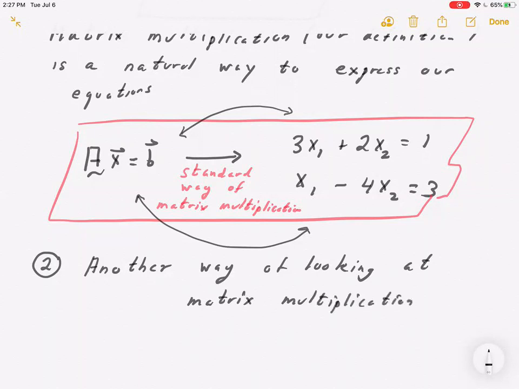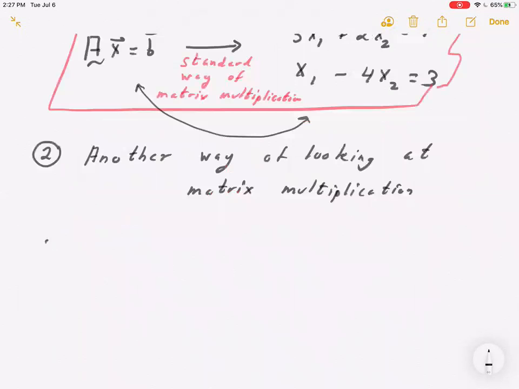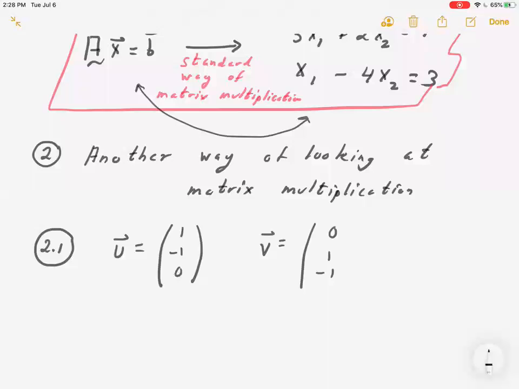And I want to see that by going to an example. Suppose I define three vectors, U, which has 3 rows and 1 column, V, and W. I'm just picking three vectors for my example.